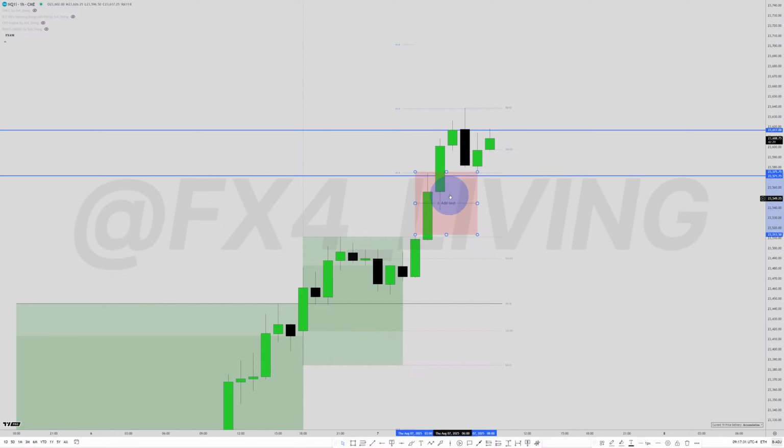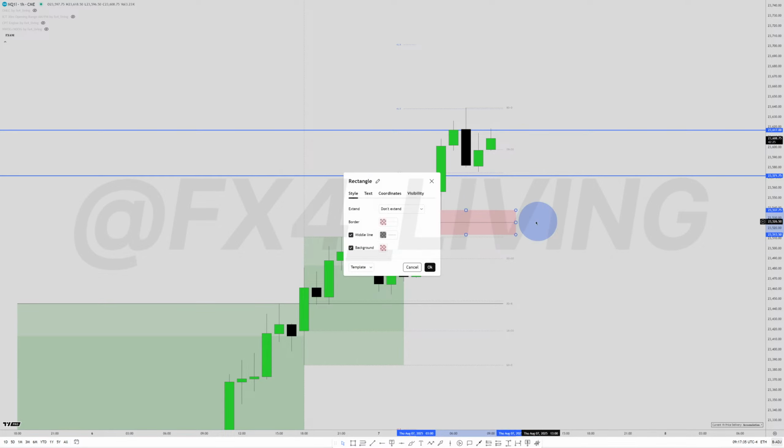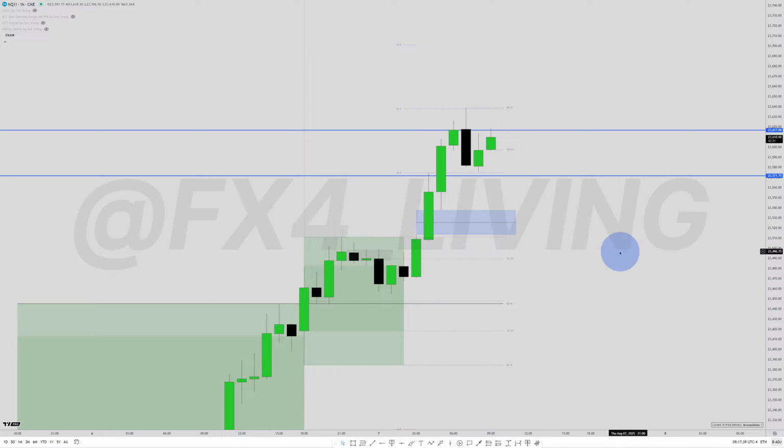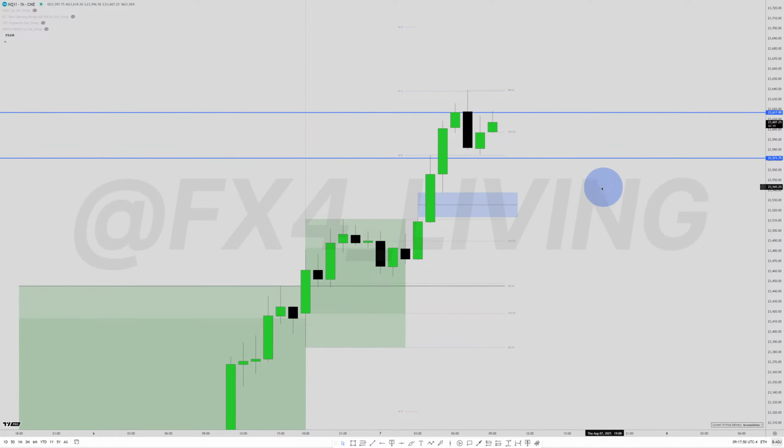The most important one is basically this one right here, and this should be blue because it's a buy side imbalance on the 1 hour. So yeah, this is a very nice, interesting area for rebalancing purposes.